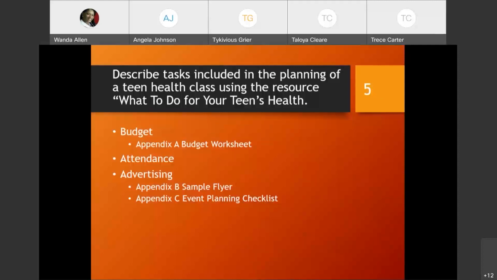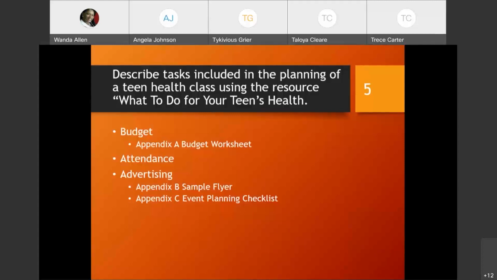And also, as it relates to planning your event, to make sure you don't miss items, you can use the event planning checklist, also located in the appendices. If you all will just take a moment and turn with me to the event planning list, it lists things to help you plan for your class.